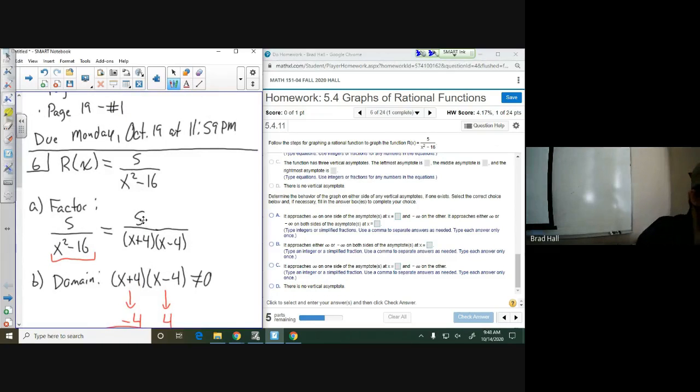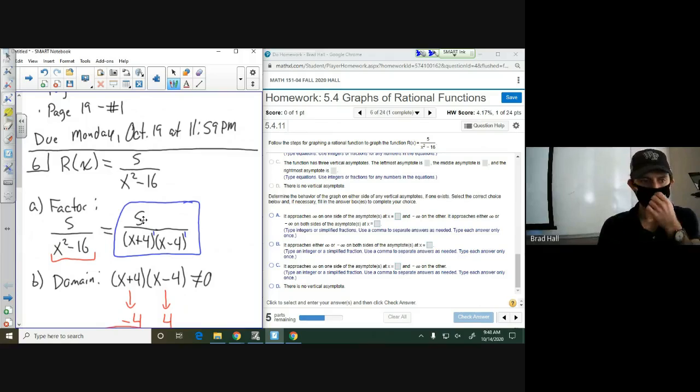Remember, this was the expression that we had. The exponents for both of these are ones, which tells us that their multiplicities are 1 for both asymptotes.